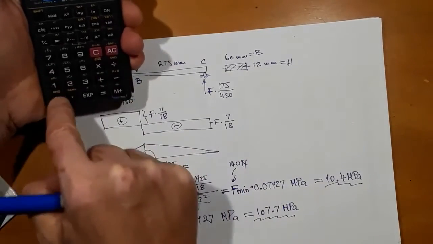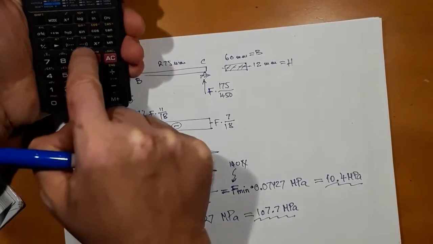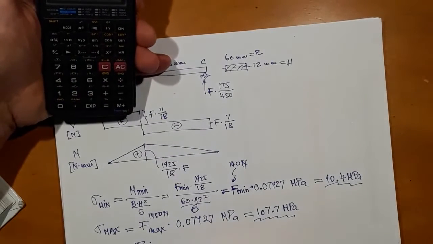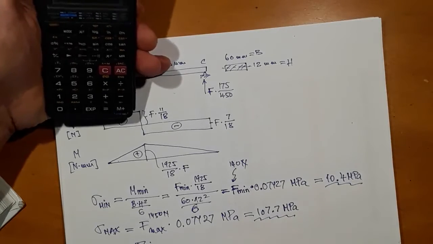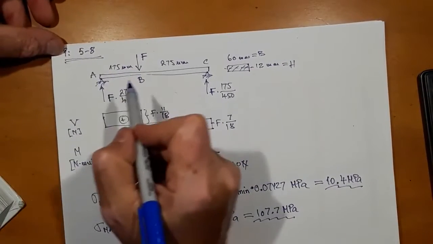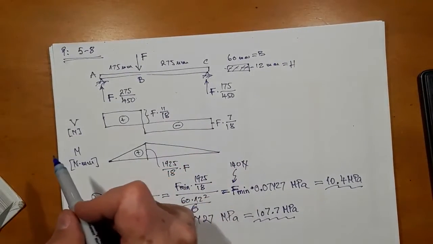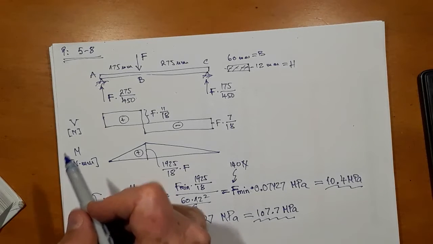So over 10.4 equals, and I take the inverse. So it's 0.0966. So this was what problem 8 required. Okay. So we've got problem 8.